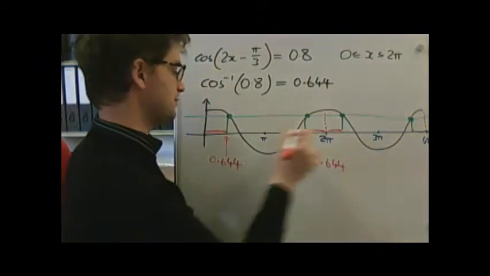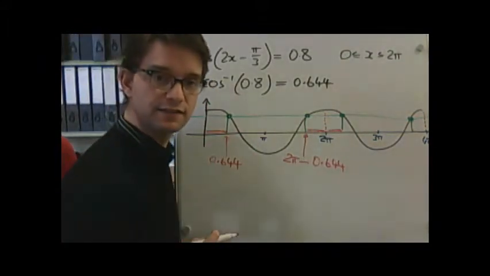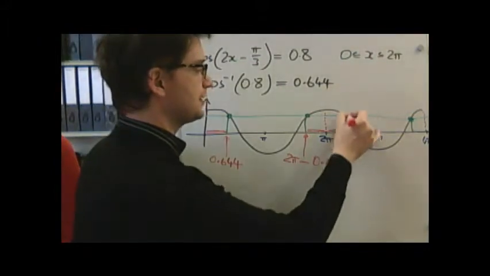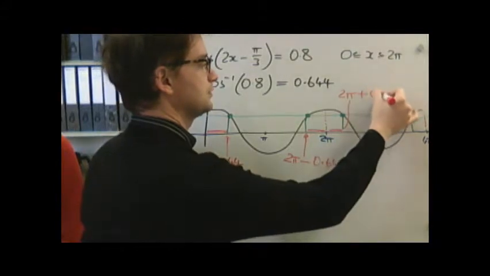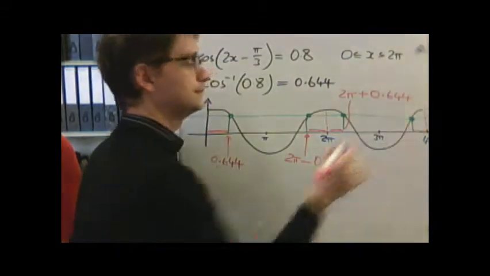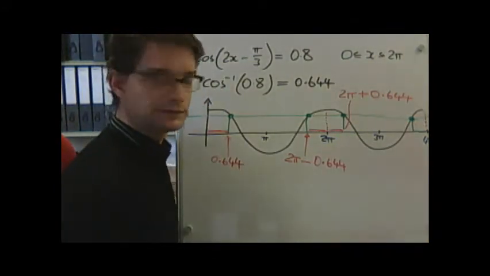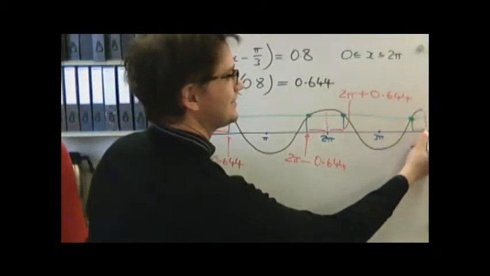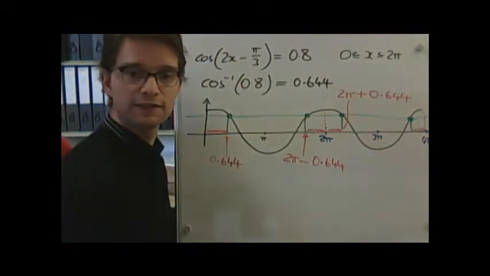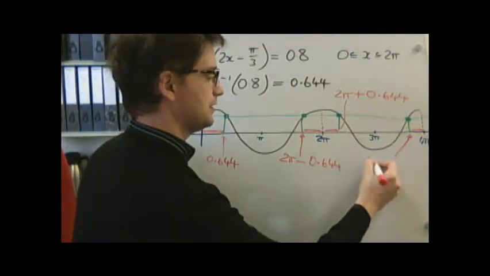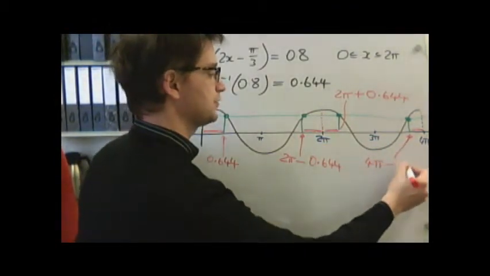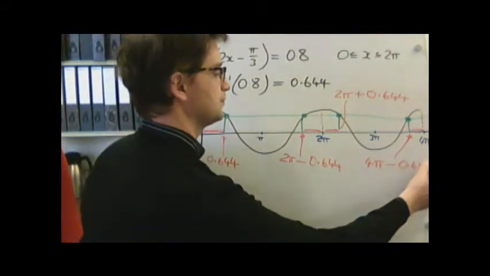This distance is the same as this distance, is the same as this distance. And so this value must be 2 pi plus 0.644. And then to finish off, this distance here is the same as all the rest of them. And so this value is 4 pi minus 0.644.